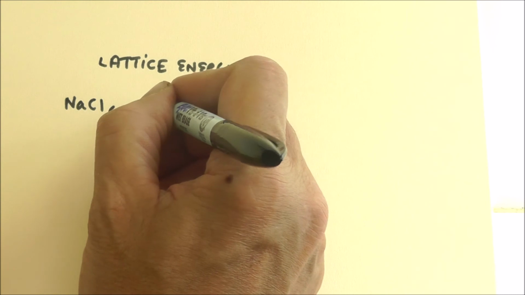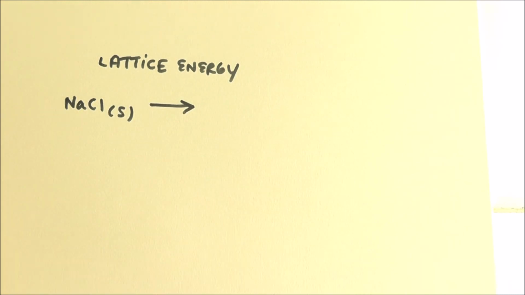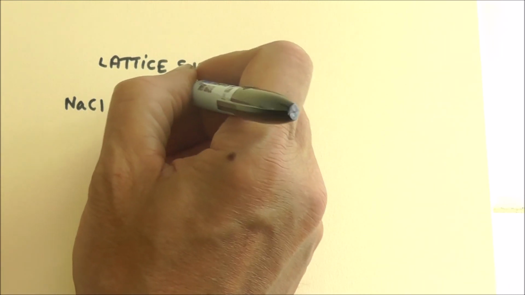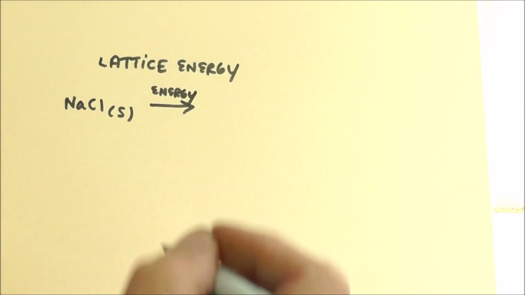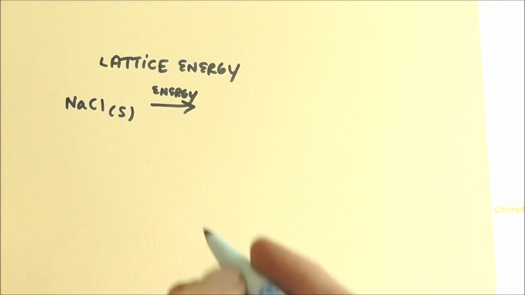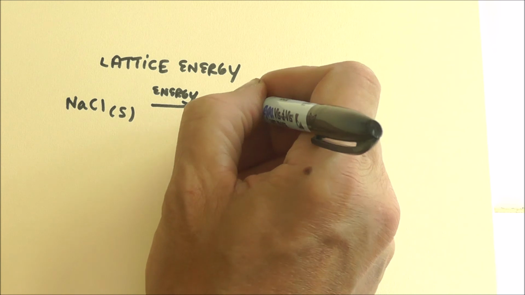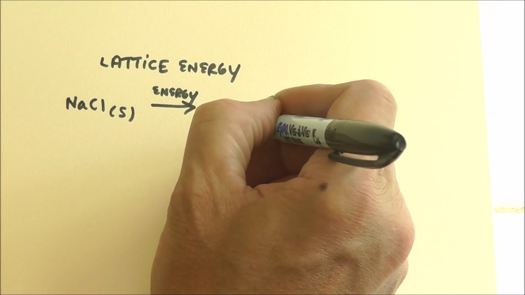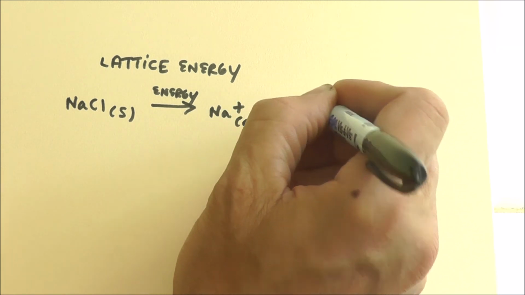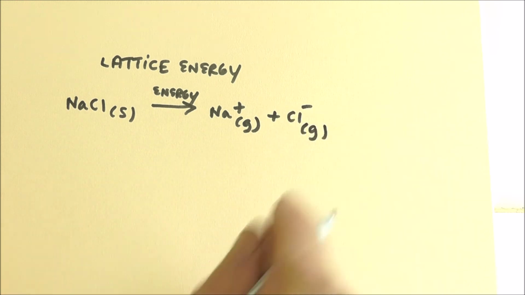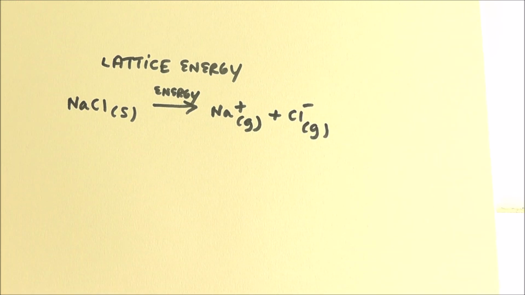It would actually be the energy required to totally vaporize a solid, so make that a gas. That's just a theoretical energy to say, what would happen if we totally overcame the intermolecular forces of sodium chloride in its crystal structure. The crystal structure is called a lattice.